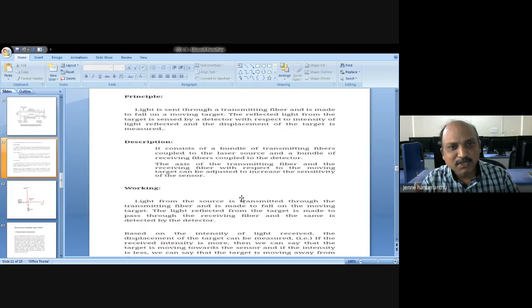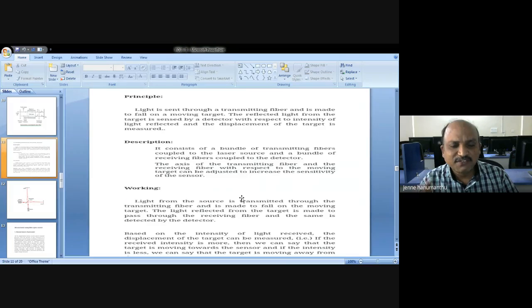So how is it possible? From the available source of light we want to take a single beam of light, and that is possible with the help of a polarizer. You take a polarizer, it will convert the number of emitted lights into a single beam of polarized light.